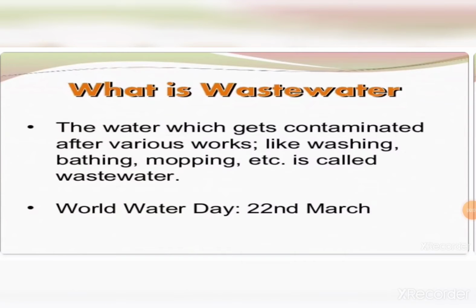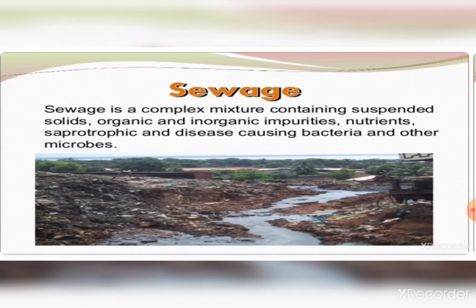What is wastewater? The water which gets contaminated after various works like washing, bathing, mopping, etc. is called wastewater. Every year, 22nd March is celebrated as World Water Day. Sewage.